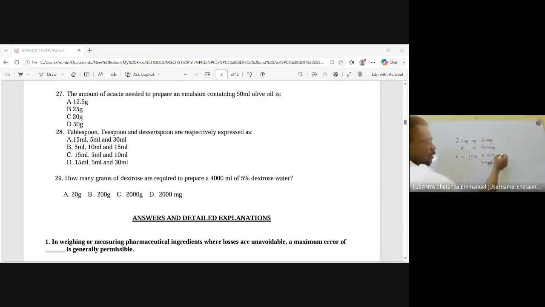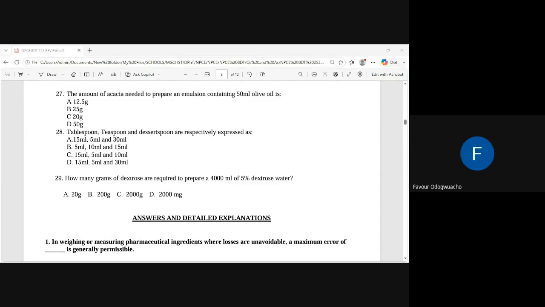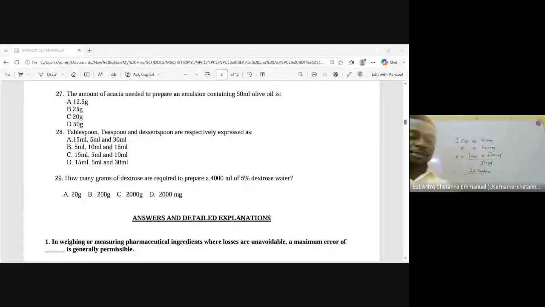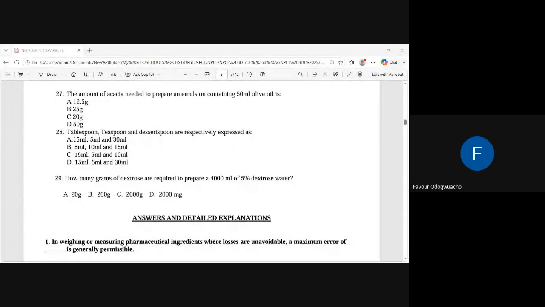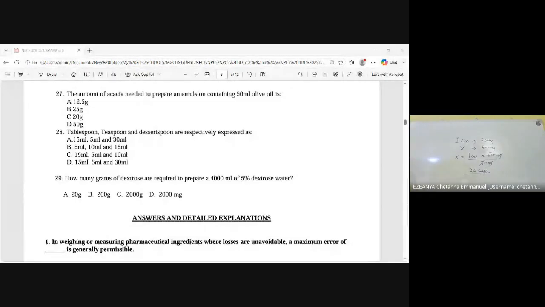Milligram will cancel milligram. We are left with capsules. This 300 and this 6,000 cancel by 100, we are left with 60 divided by 3, which is 20 capsules. So the answer is A. Now let me do another question.